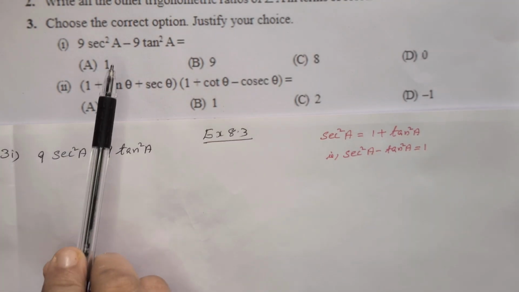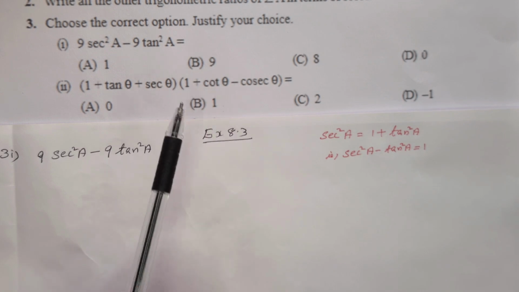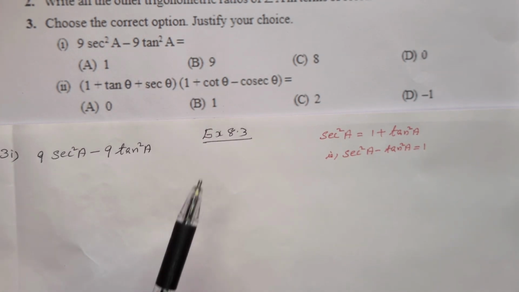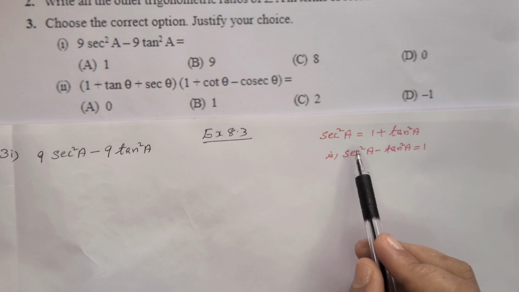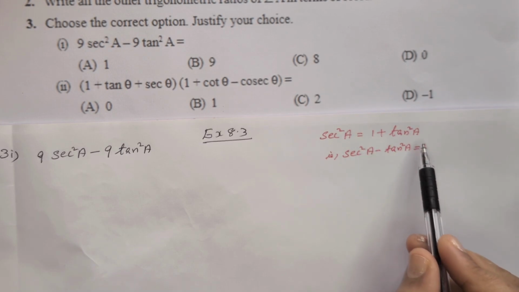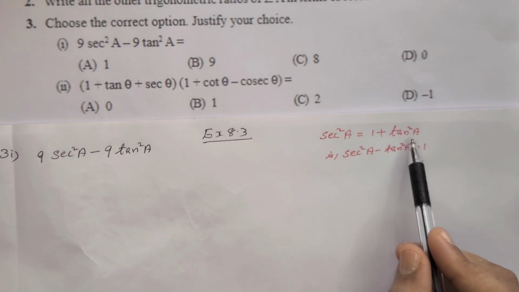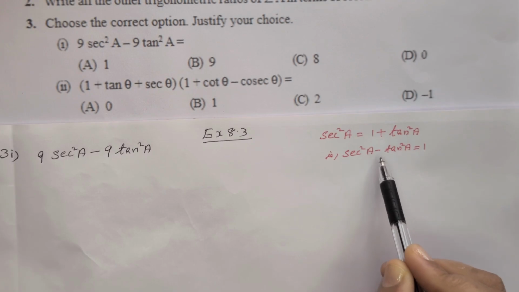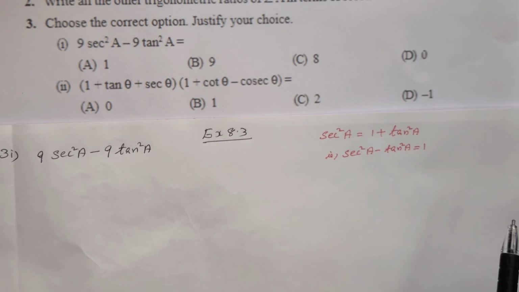Third question, choose the correct option. Justify your choice. First one, 9 sec square A minus 9 tan square A. We know that sec square A is equal to 1 plus tan square A. So when we are moving tan square A to the left side, we will get sec square A minus tan square A is equal to 1.